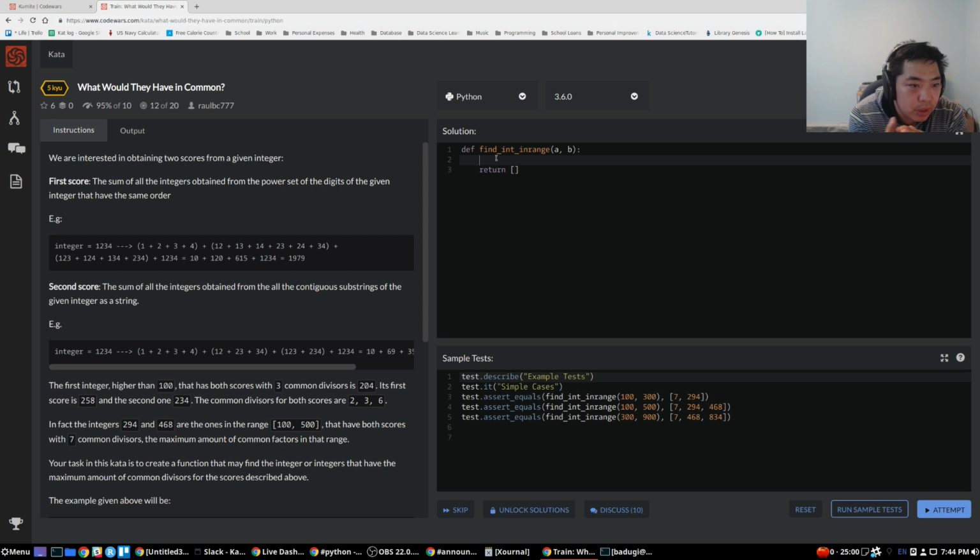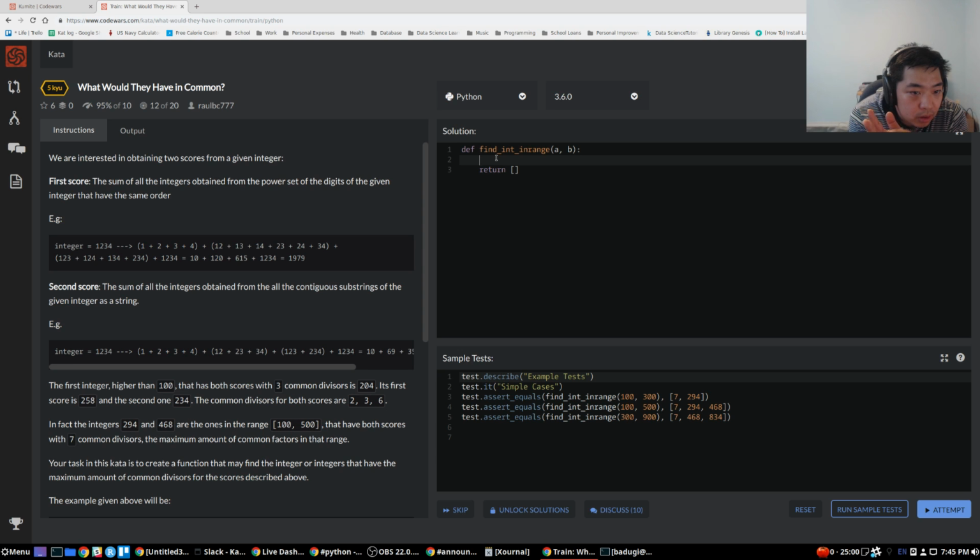Okay, 2 scores. The first score: the sum of all integers obtained from the power set of the digits of the given integer that have the same order. So, we are interested in obtaining 2 scores.